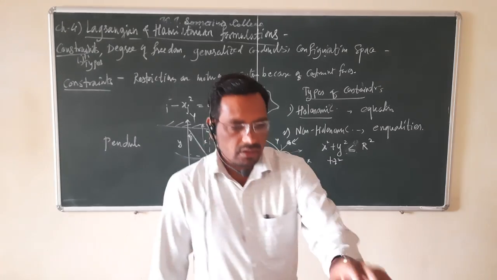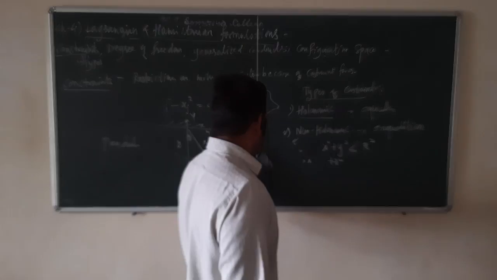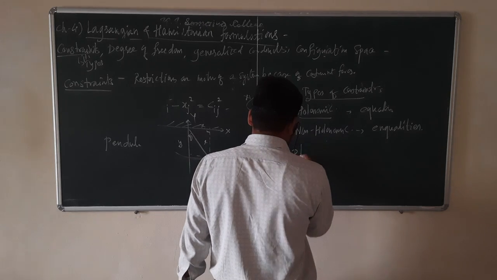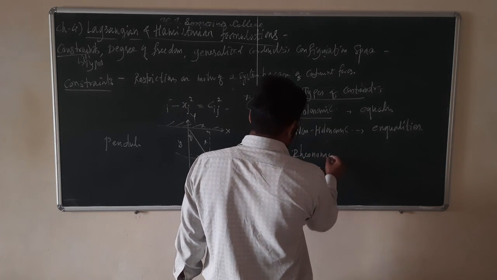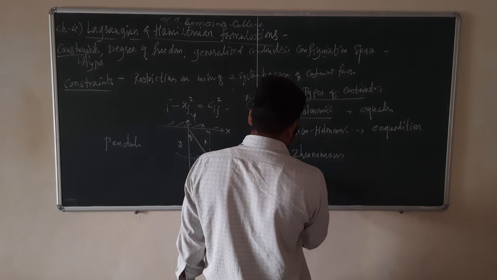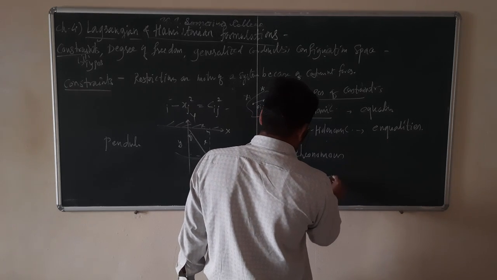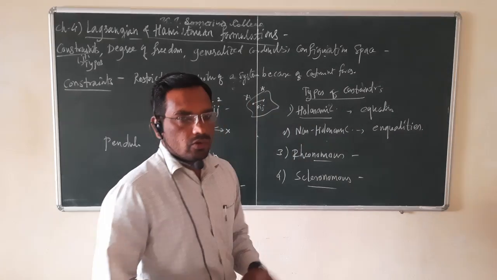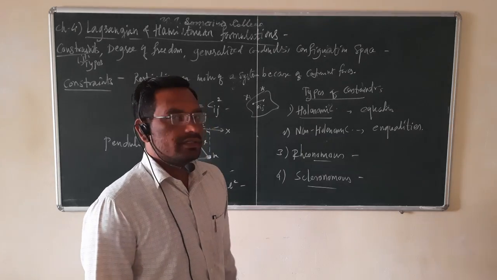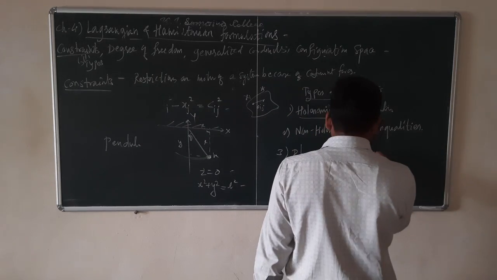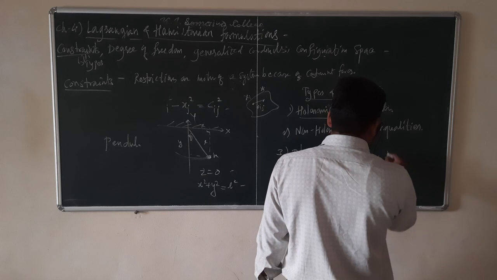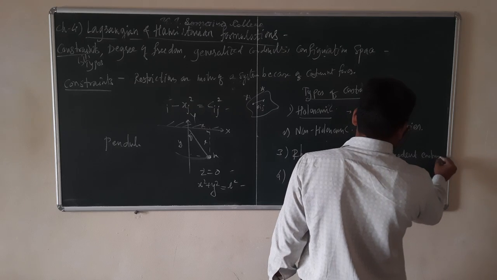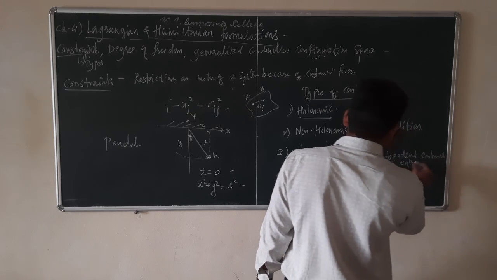Now, the next type of constraint is rheonomous and scleronomous. So, what is meant by rheonomous constraint?